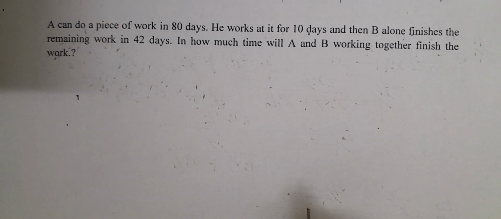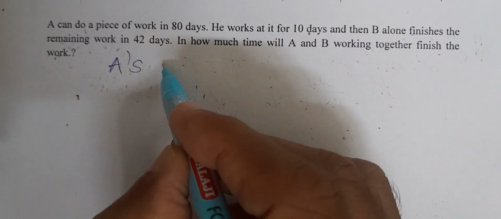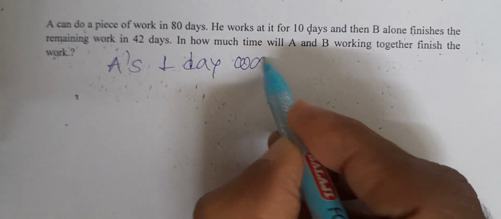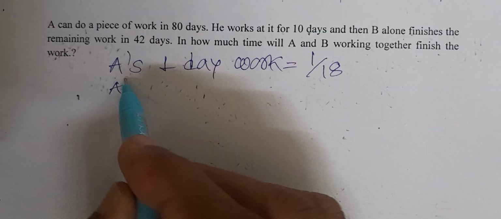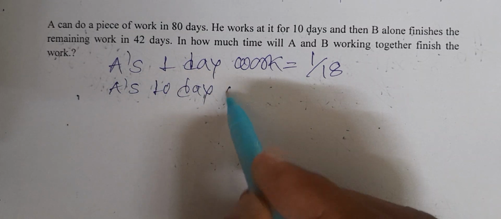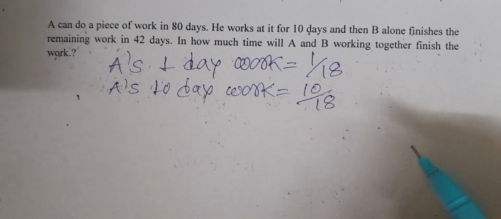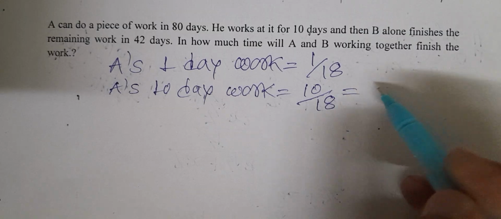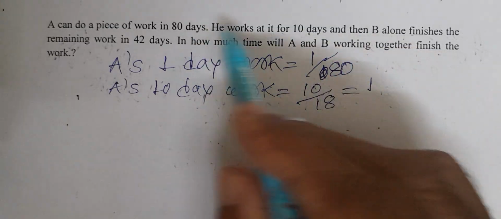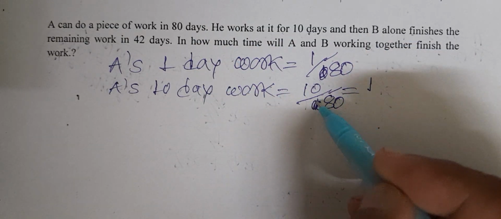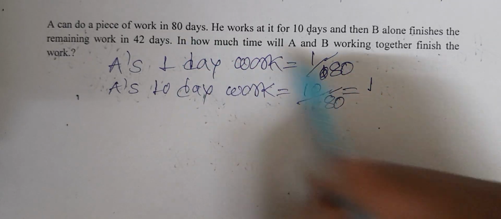Okay, so here A's one day work is equal to 1 by 80, he can do the work in 80 days.